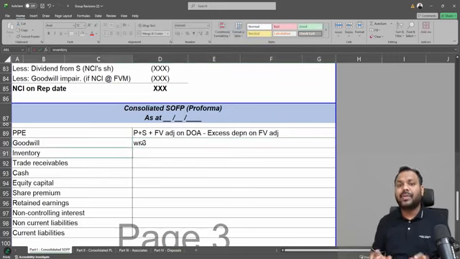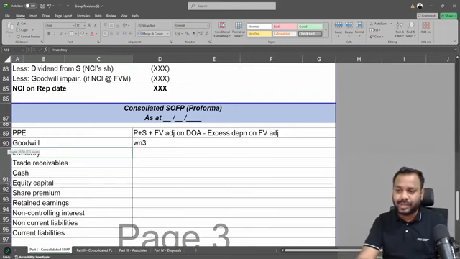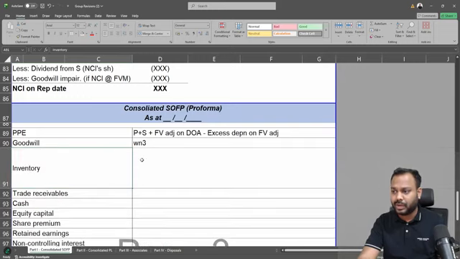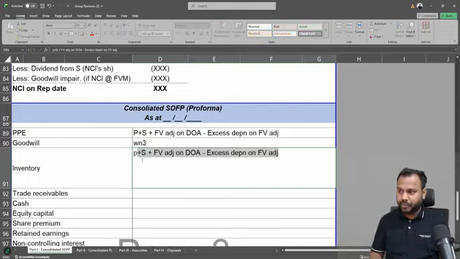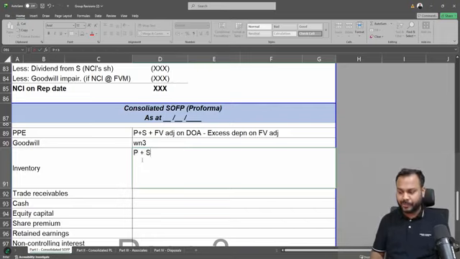Now, inventory. What is the adjustment with inventory? A very good point. Please listen to me carefully, guys. First of all, inventory of parent plus subsidiary.